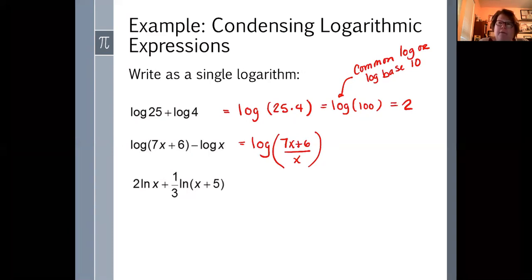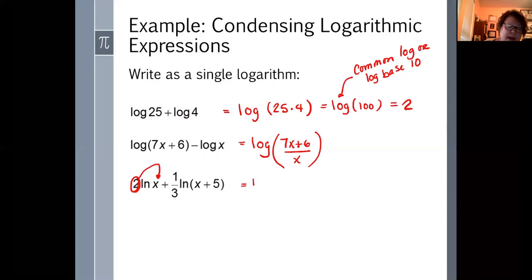So if I have a factor of my logarithm, I am going to take that into the logarithmic expression as an exponent. For example, I have 2 times the natural log of x. So I'm going to take that 2 inside the logarithmic expression as an exponent.